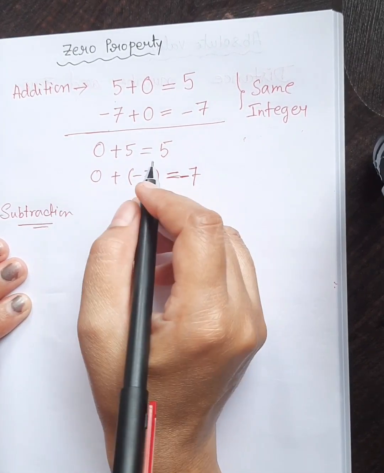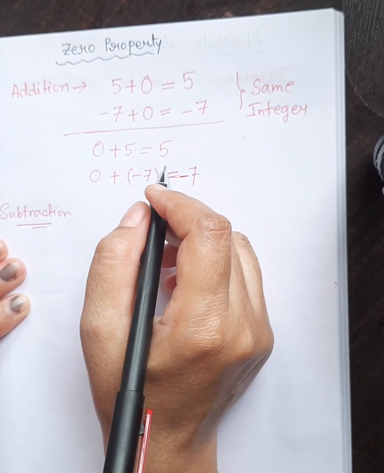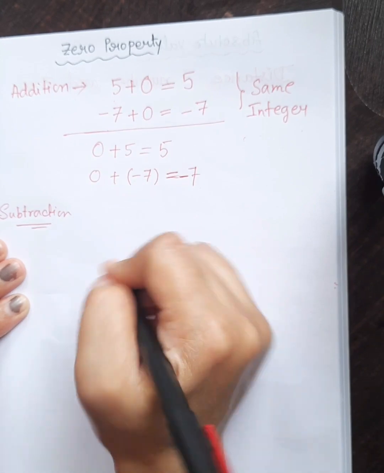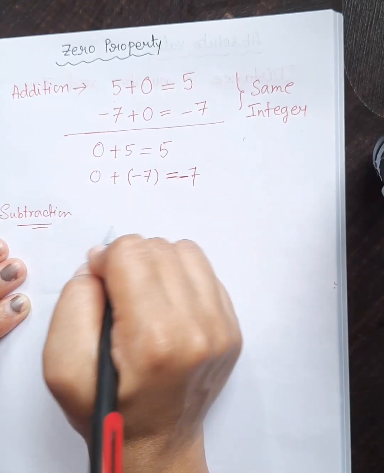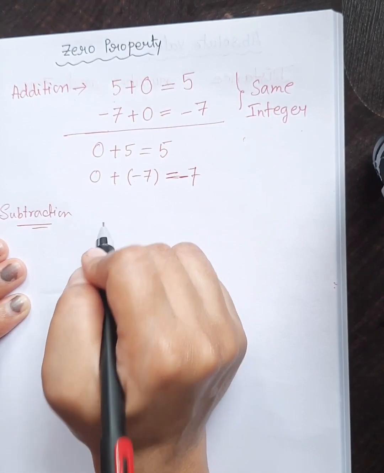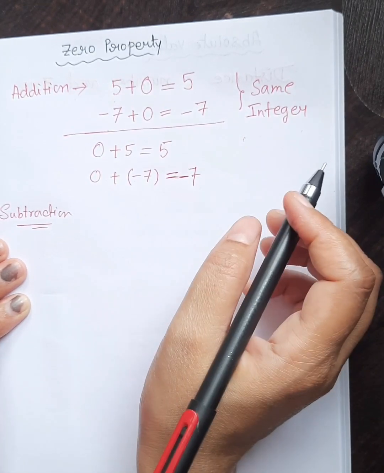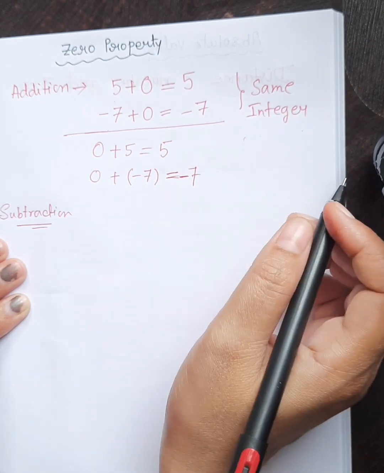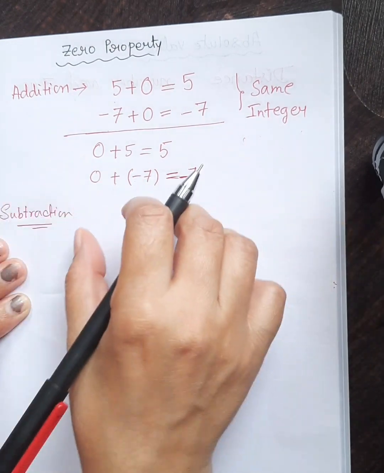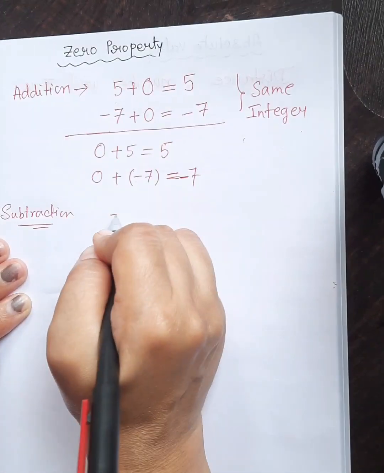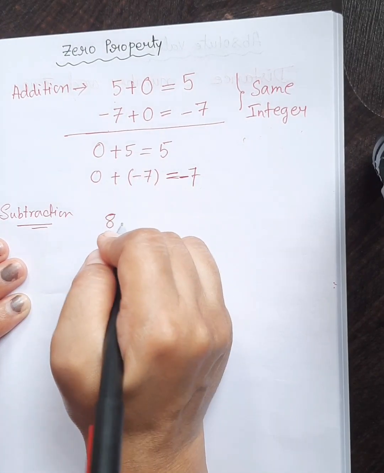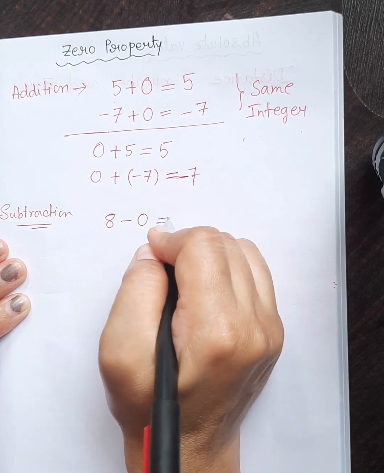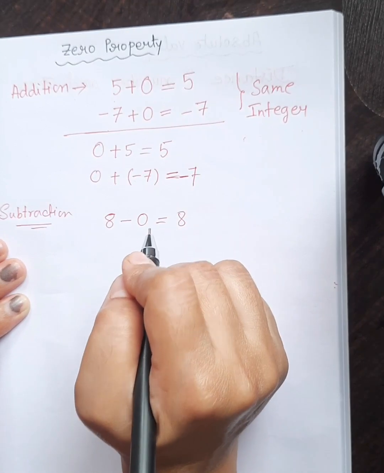Now check subtraction. When 0 is subtracted from any integer, or any integer is subtracted from 0, in both ways we can check. First let's take a positive integer 8, 8 minus 0, we get 8. Same integer.